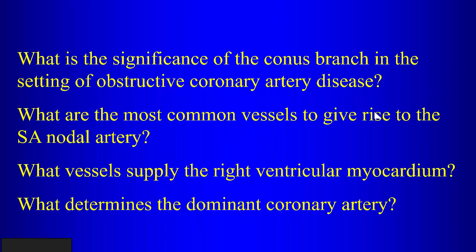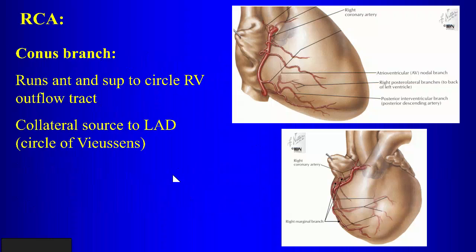What determines dominance? Where the PDA branches off? Yeah, so two things. So the branch that gives you the supply to the PDA, also the posterior or inferior wall of the left ventricle, so the posterior left ventricular branches. So you look at those two to determine what vessel is the dominant vessel.